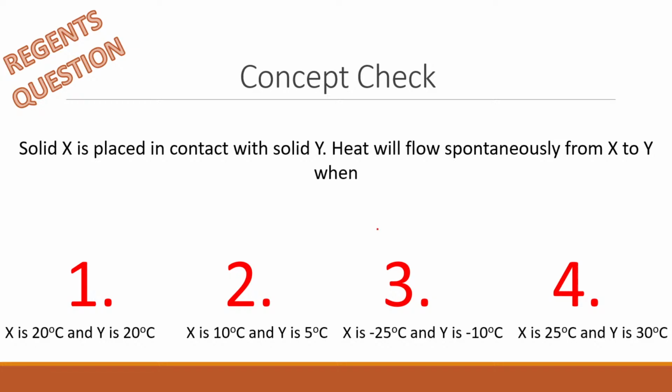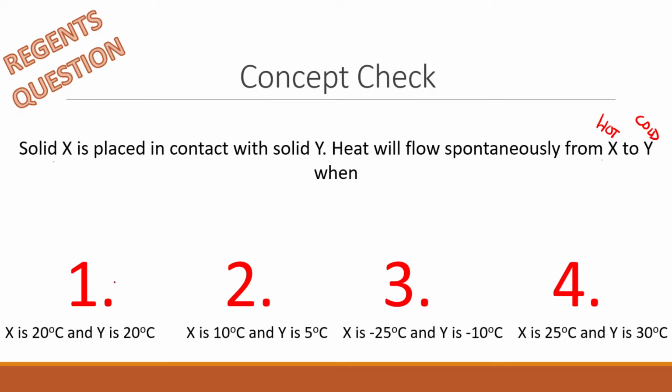If we read this question carefully, we're putting two things into contact with each other. We want heat to flow from X to Y. So which setup is going to let us see heat going from X, the hot thing, to Y, the cold thing?